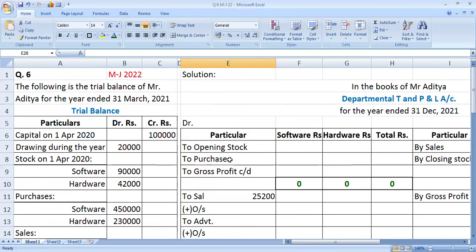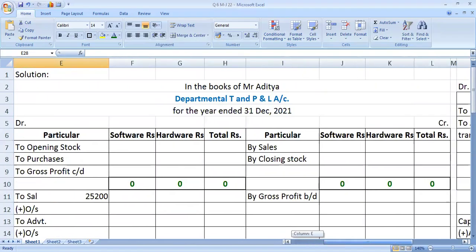Now I am taking the solution of this question. In this question, three formats are necessary. Number one, departmental trading and profit and loss account. In that format, there are 8 columns: particulars, software rupees, hardware rupees, total rupees, on the debit side, the same on the credit side.